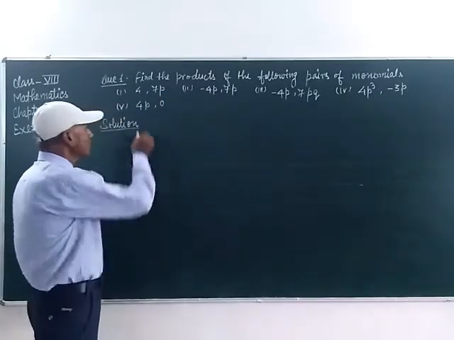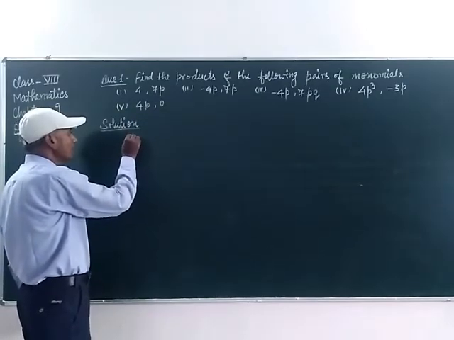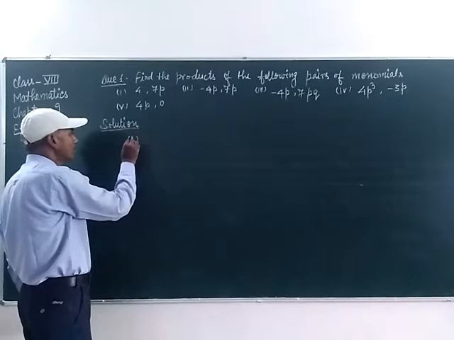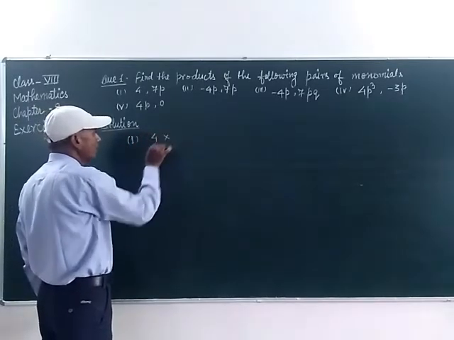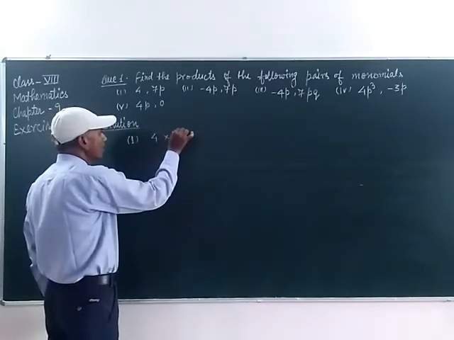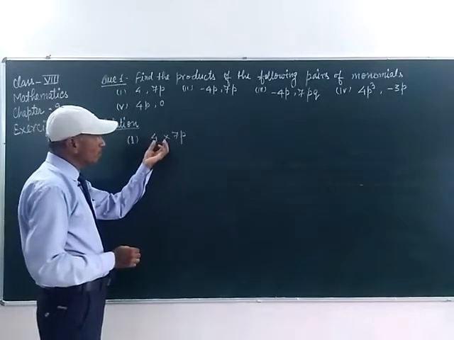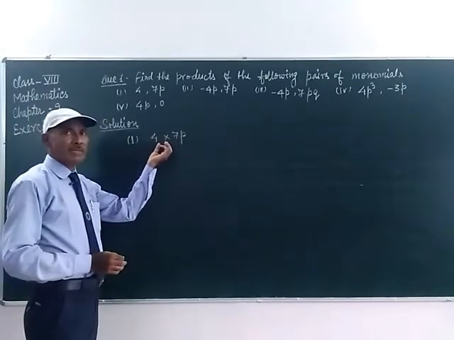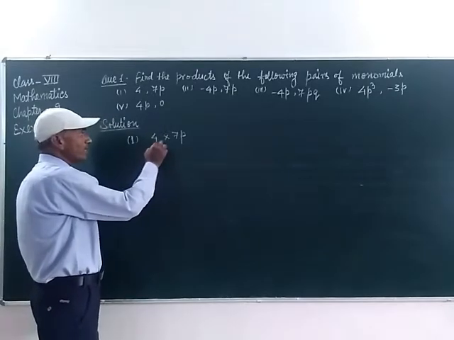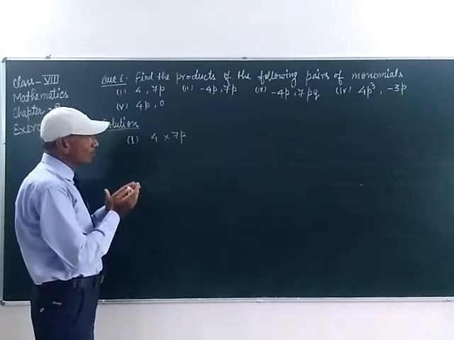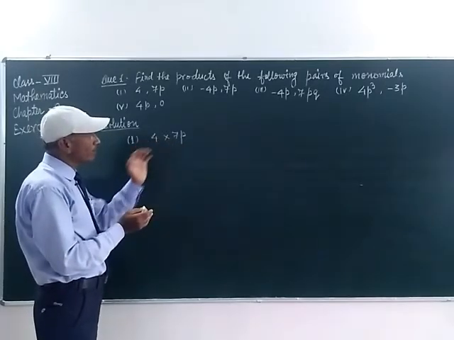So, solution of the first part of this question: 4 into 7p. We have to find the product, so we have to put a sign of multiplication in between these two monomials. In the next step, we have to multiply numbers with numbers and variables with variables.